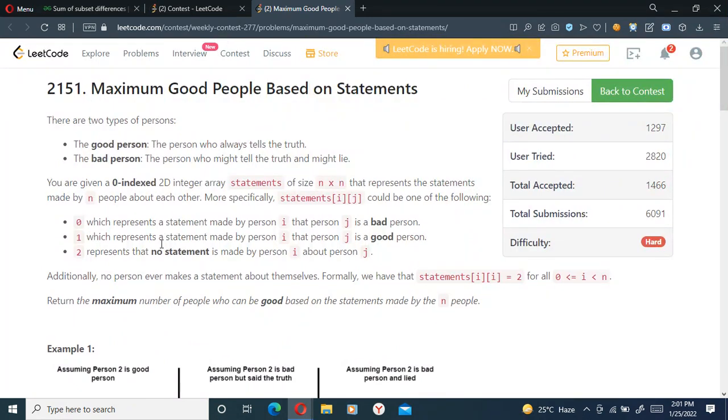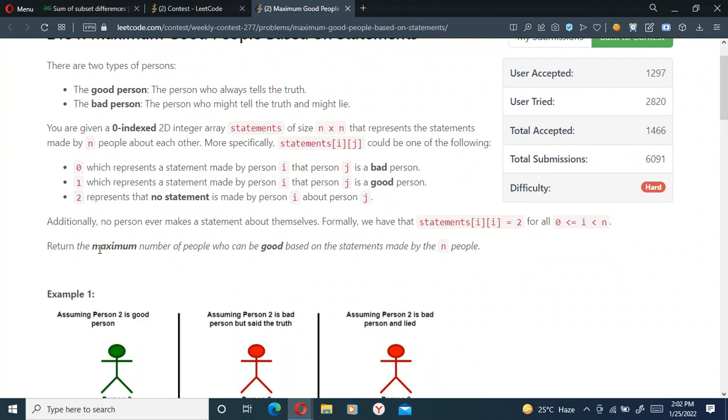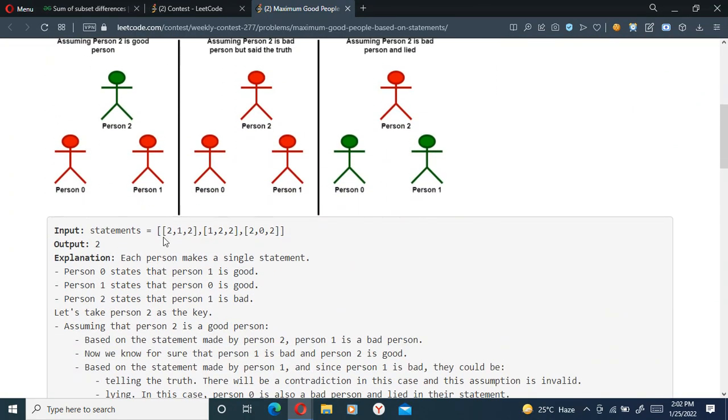What is the input format? Two types of person, good person and a bad person. Zero indexed 2D integer array statements of size n cross n that represent the statements made by n people. Statements of ij could be one of the following: 0, 1 and 2.